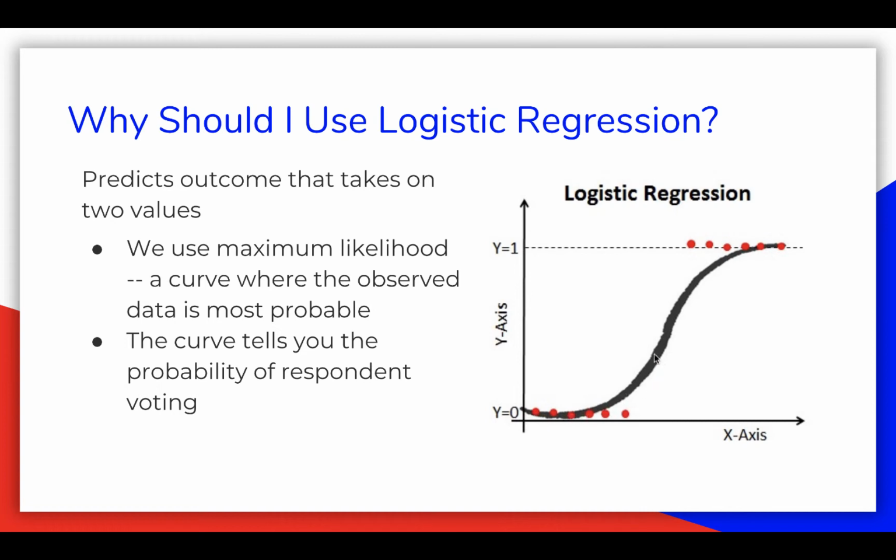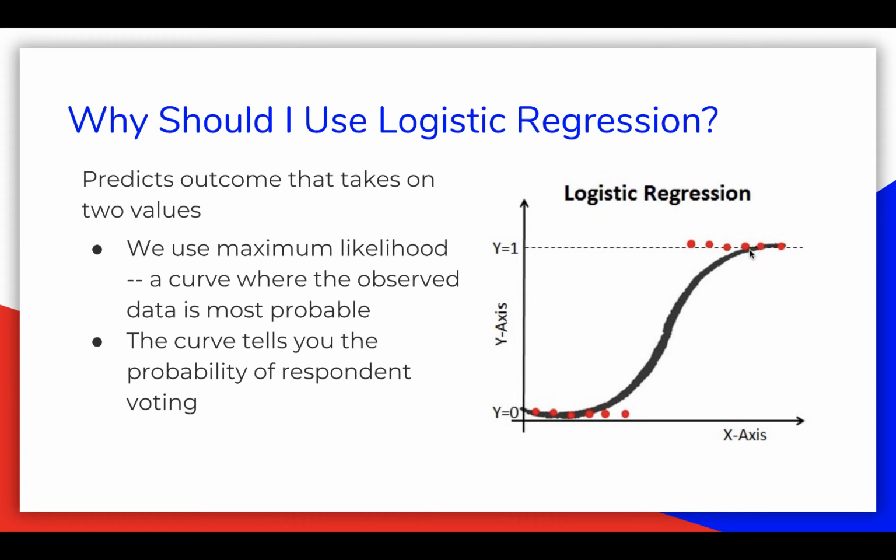Now, we move up here, say there's an observation right around here. This person has 11 years of education, and their predicted probability would probably be something like 40%. There's a 40% chance that this individual is going to vote. Moving up here, let's say these people have 17 years of education.